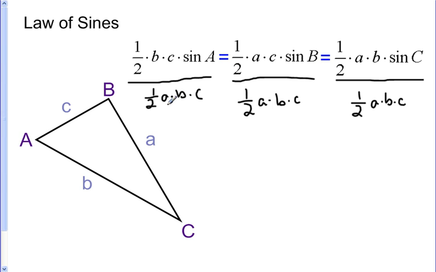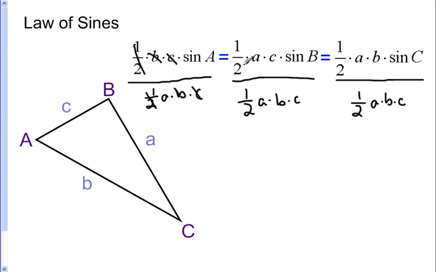So let's start canceling stuff out then. If we divide by 1/2, the 1/2s are going to cancel out here. If we divide by A, B, and C, the B's will cancel out, the C's will cancel out, and what we're left with is sine A over little a.